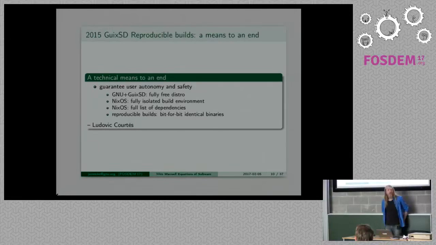Well, of course, we had NixOS, which gave us functional package management, and that made it very easy to go from source to reproducible binaries and have the full list of dependencies and be bit for bit identical.